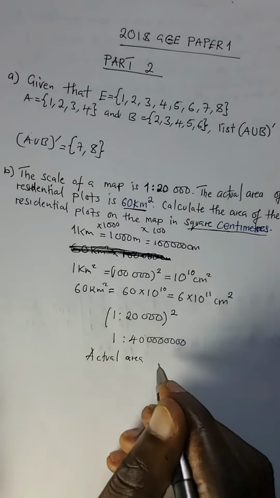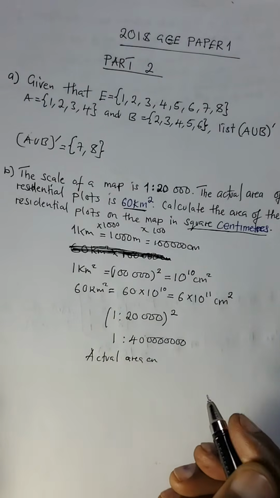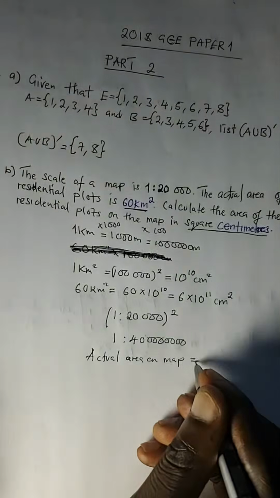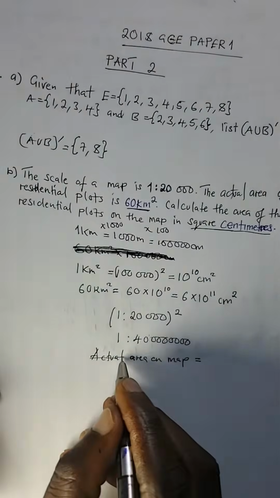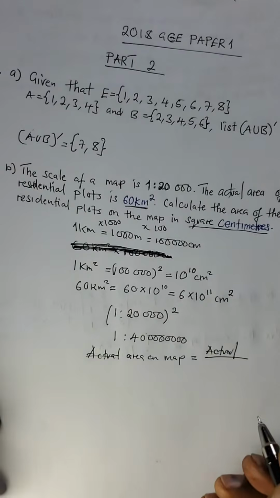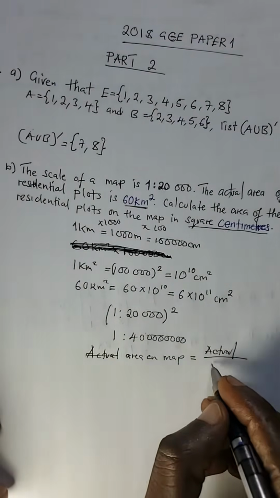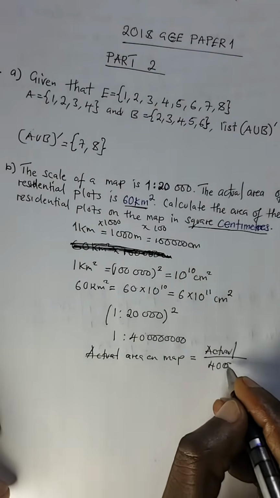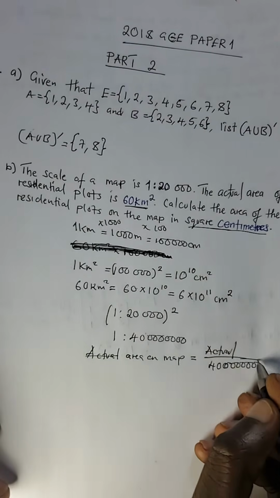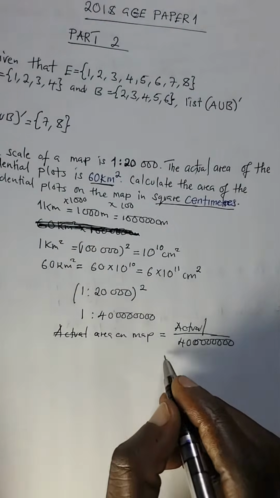Then we can now do the actual area. Okay, area on the map is equal to actual area over this conversion which we've done here, which is 4 with 8 zeros. So 1, 2, 3, 4, 5, 6, 7, 8 zeros.